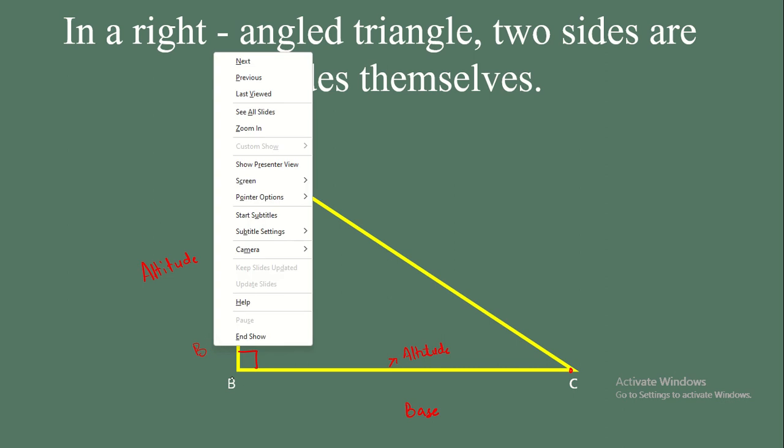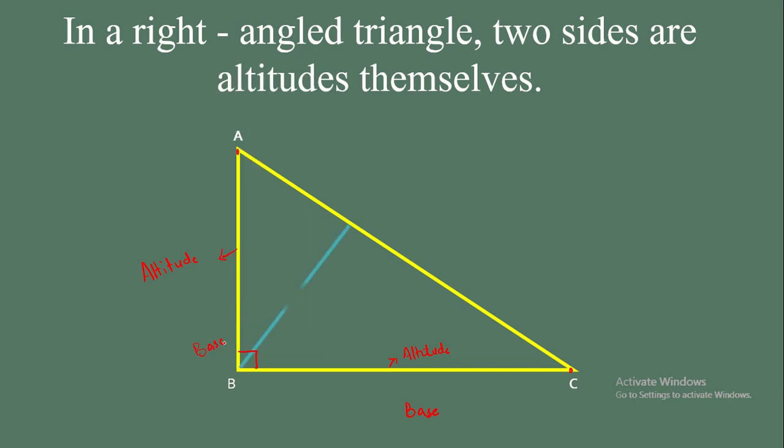So it simply means two sides of this triangle ABC act as altitudes. We can say in a right angled triangle, two sides are altitudes themselves, just like here, AB and CB. Considering one as the altitude, the other becomes the base. If we consider AB as the altitude, BC becomes the base, and if CB is considered as the altitude, then AB becomes the base.